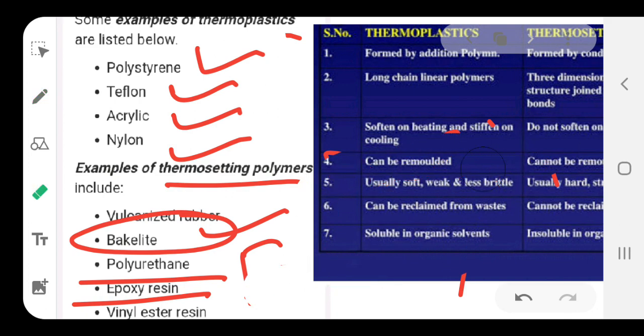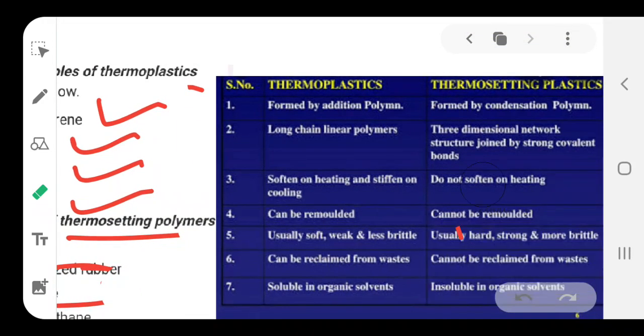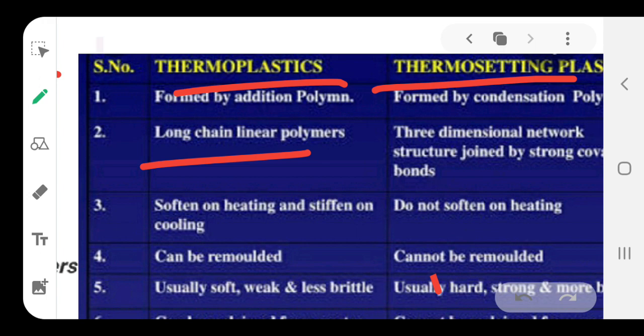Now let us see what they actually are. If you want to know what thermosets and thermoplastics are, underline this definition. In case of thermoplastics, they form long linear chains, bound end to end in a straight line more or less, while thermosetting plastics have a three-dimensional network structure.